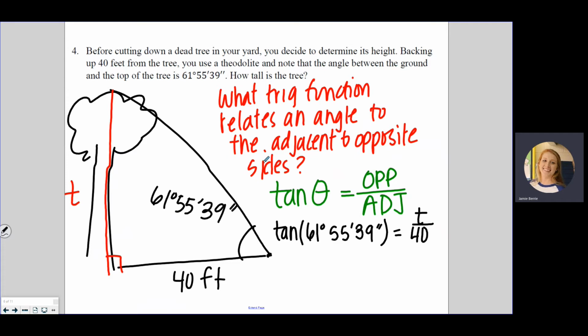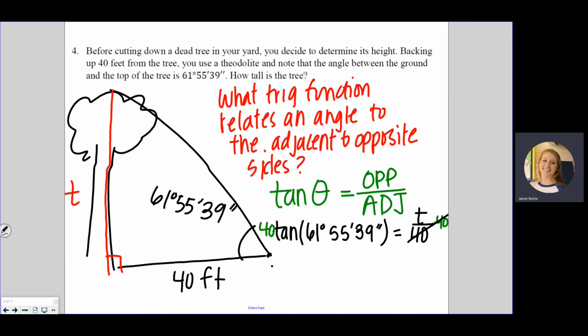All right, and now we've got to figure out what T is, so we're going to multiply both sides by 40 to get T by itself. Multiply both sides times 40. That's going to cancel out the 40 in the denominator.